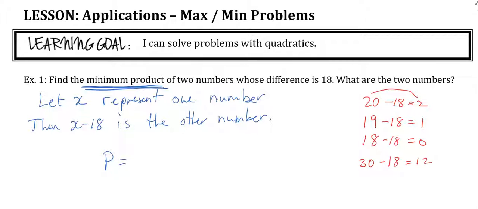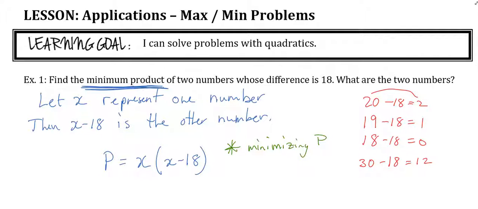It would be x times x minus 18, and we are minimizing P. It might be helpful to write that down. P equals this because the product equals that, and I'm minimizing the product because it says it right here.